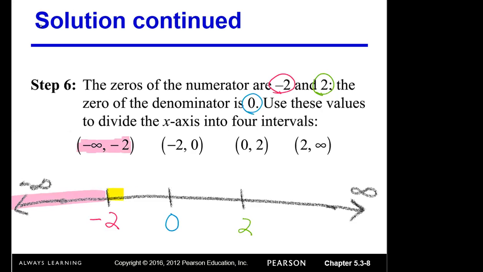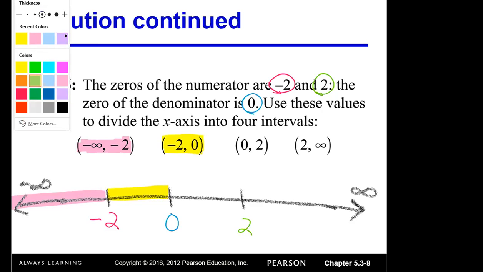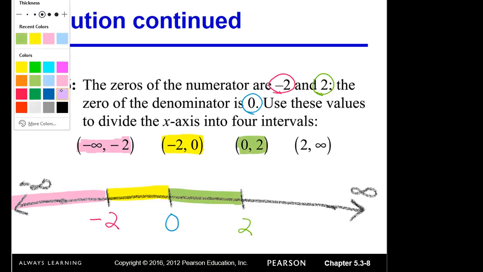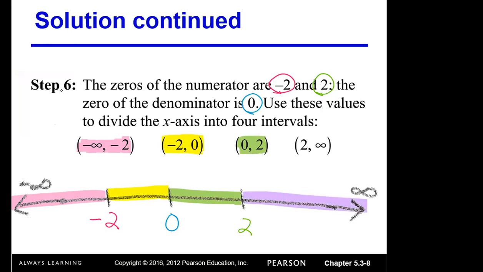Then we've got this interval between -2 and 0. Then this interval between 0 and 2. And this interval goes from 2 to infinity.